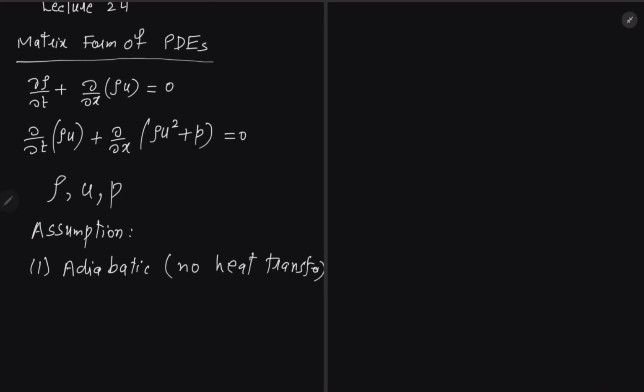Another assumption that we want to make is the reversible process. It is not actually a true assumption, but we assume that the process is reversible. When the process is reversible, it means that no energy is lost due to friction.